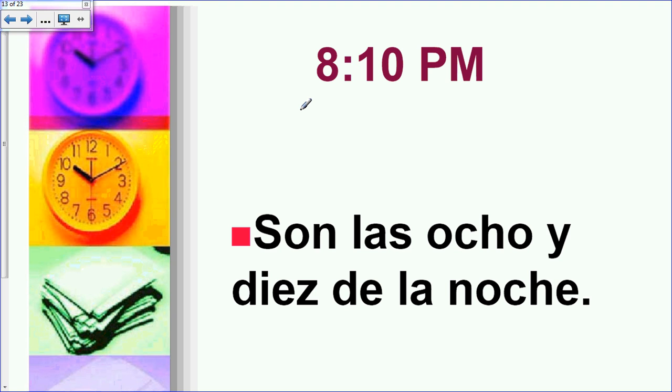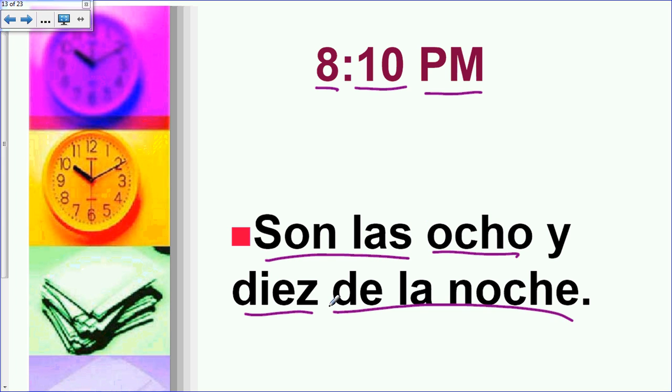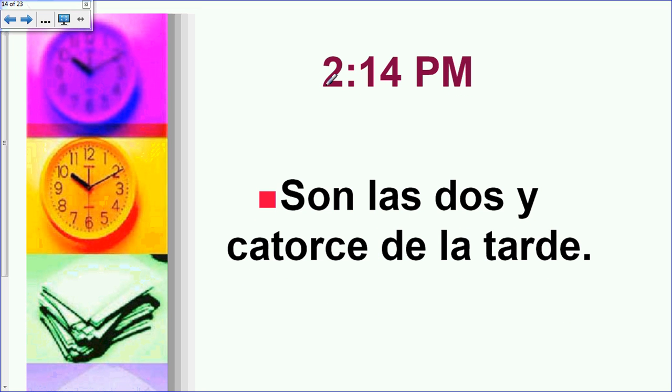Next one, when you have 8:10, it's over 1, so it's son las. And the amount of minutes, y 10. Son las 8:10. It's p.m., de la noche. Lastly, 2 o'clock. It's over 1.